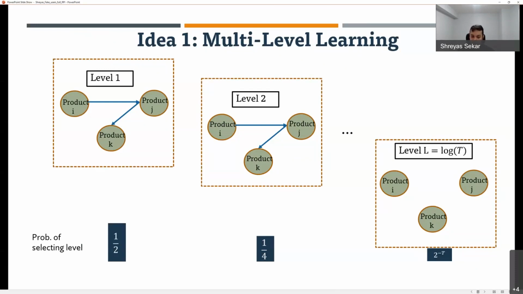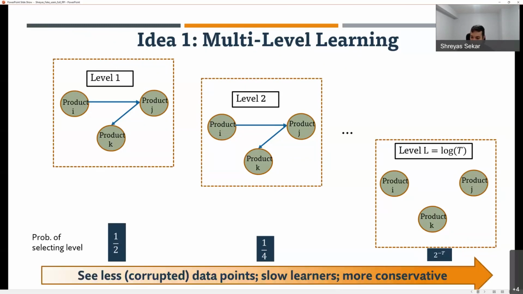So every time a user arrives, I'm going to select one of these levels with this probability, and I'm going to show the user the ranking that's denoted by that level. The effect is that the so-called lower levels, such as level 1 and 2, are going to be selected with a higher probability. That means that they see more fake users, so they have a higher risk of being corrupted.